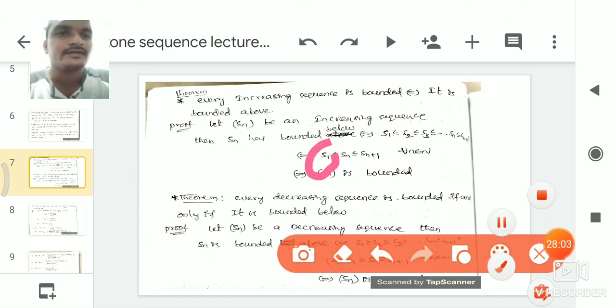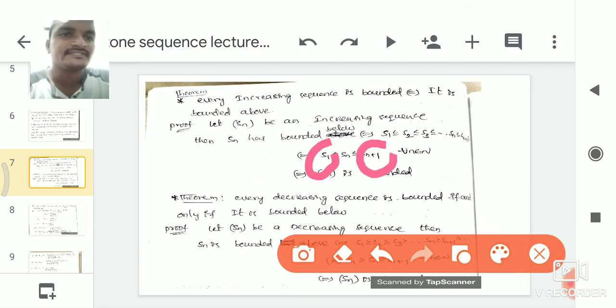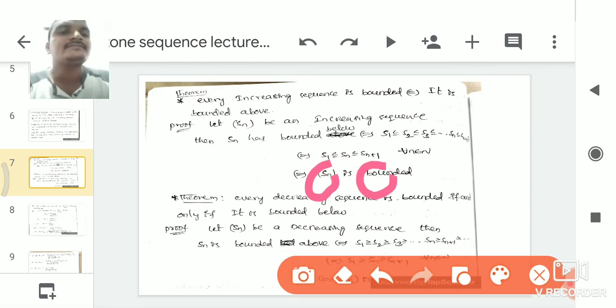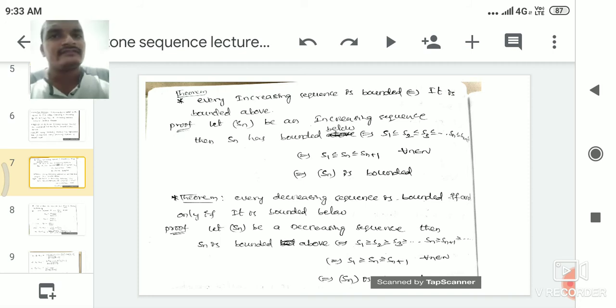The lower bound is S1 and the upper bound is Sn plus 1. So we say that the sequence Sn is bounded. That means every increasing sequence is bounded if and only if it is bounded above, since we already know that every increasing sequence is bounded below.